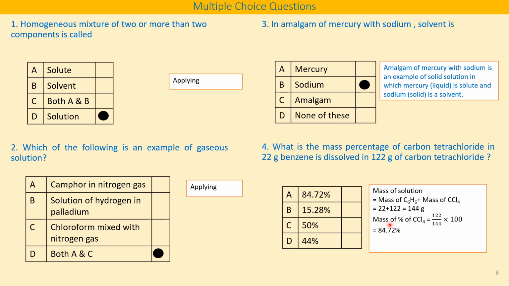Therefore mass percentage of CCl4 is 122 divided by 144 into 100, that is 84.72%. This answer appears as option A. Please mark it.